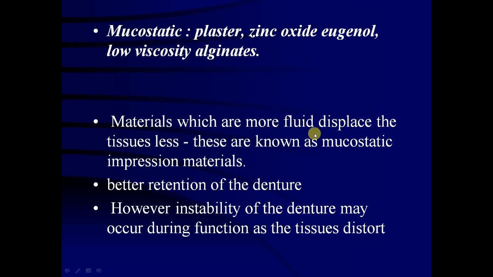Materials which are more fluid displace less tissue; these are known as mucostatic impression materials. They have better retention of the denture. However, instability of the denture may occur during function as the tissue distorts. In the mucodisplacive, the tissue comes back to the original position, and in this, the tissue distorts.